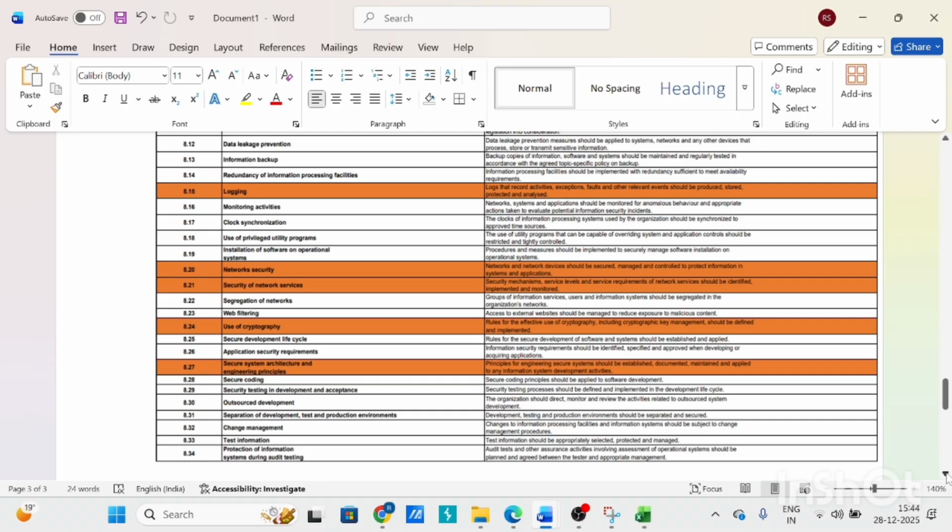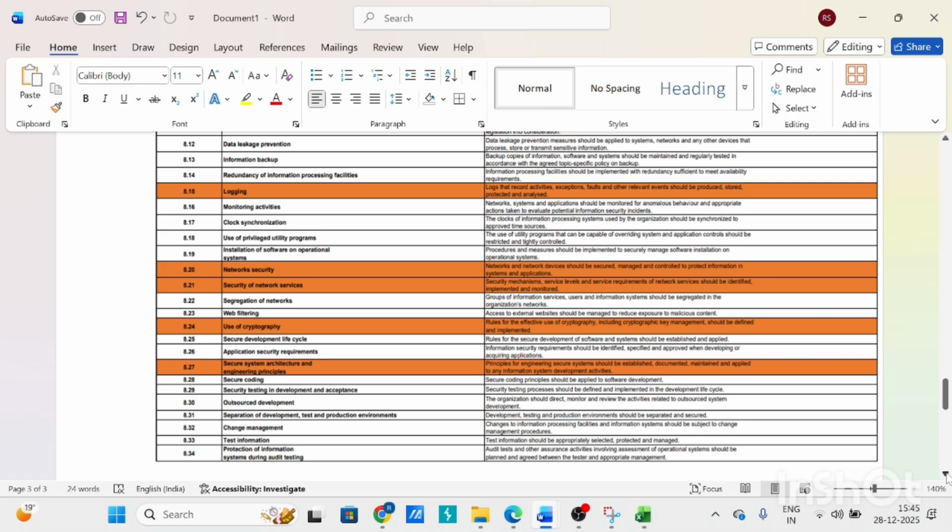Rules for the secure development of software and systems should be established and applied. Application security requirements: information security requirements should be identified, specified, and approved when developing or acquiring applications.